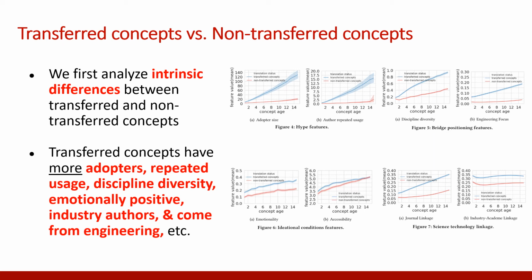We find that transfer concepts do differ significantly from non-transfer concepts. More specifically, transfer concepts have more adopters, repeated usage, and discipline diversity, are conveyed in a more emotionally positive way, have more industry authors, and come mostly from the engineering field.